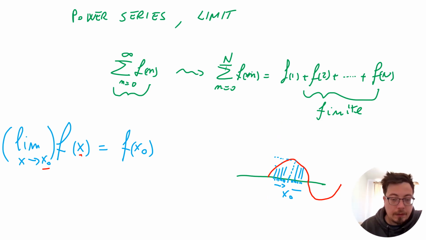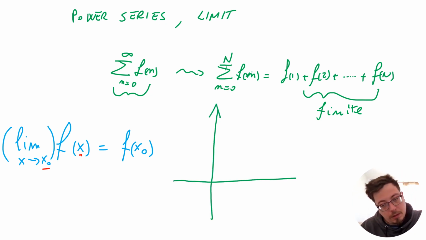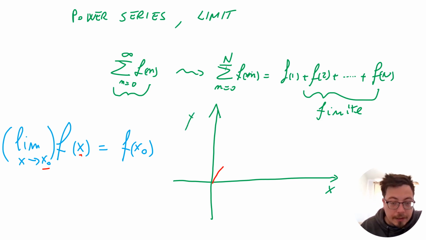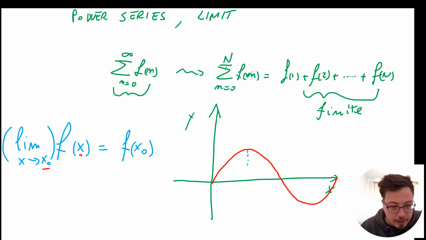It's a bit squashed on the corner, and I need a larger graph to explain what I want to say. Okay, so we have our x, our y as usual. This is the real numbers, not complex. You can do limits in the complex plane as well, but at the moment I'm just considering real numbers.